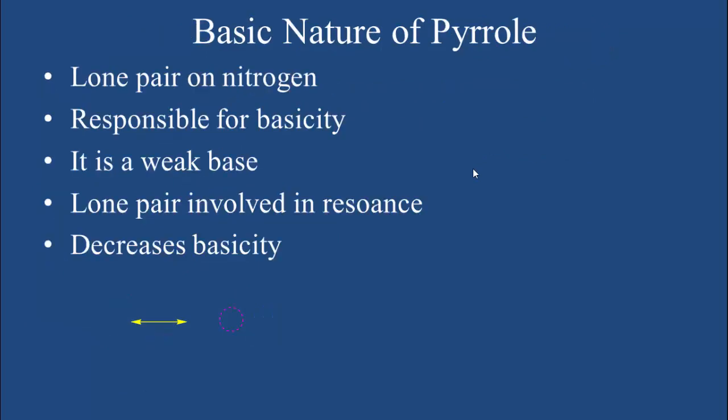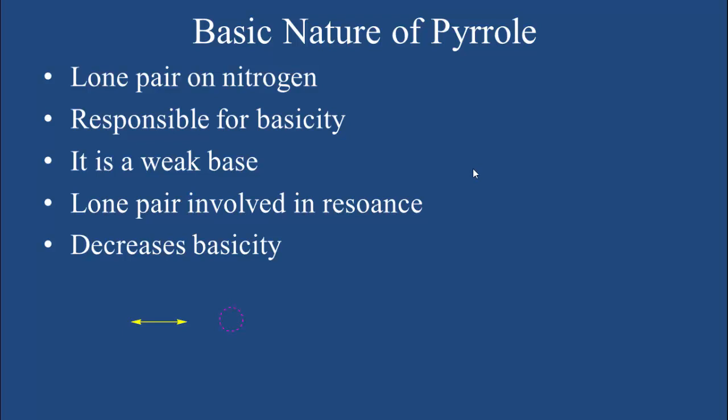Now we discuss the basic nature of pyrrole. Dear students, we know that the nitrogen atom present in the pyrrole has a lone pair of electrons, and that lone pair of electrons is responsible for the basicity. Though this pyrrole is a base, it is a weak base, because the lone pair is involved, as we already discussed earlier, in the resonance delocalization of pyrrole.